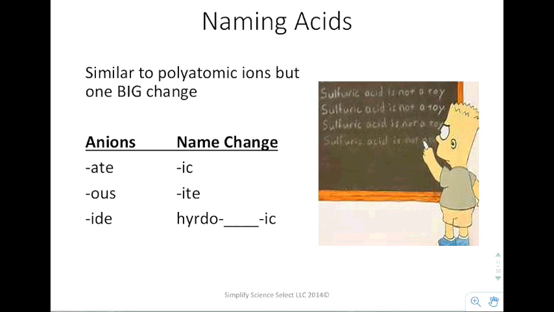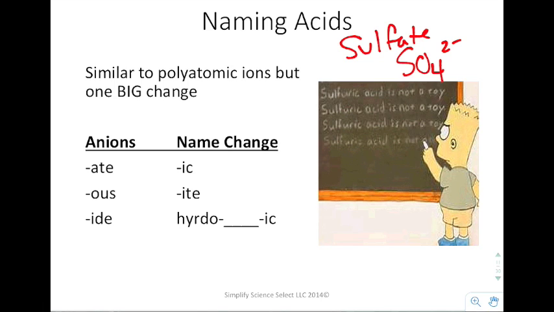So now, whenever you name acids, there are a couple of big rules associated with naming acids. The most important thing is you have to know the polyatomic ions, because whenever you're changing something to an acid, you have to know the anion it's based on. So for example, sulfate is SO4 2 minus.